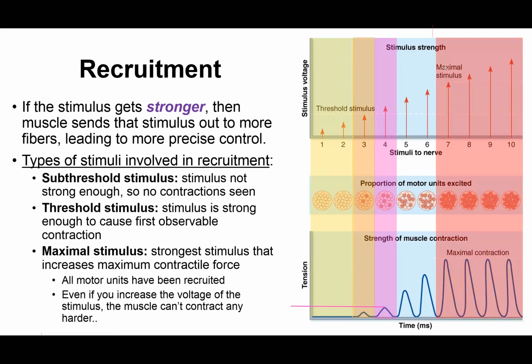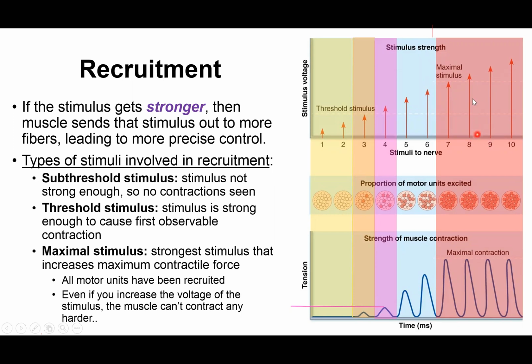As you can see from this point, once we hit this maximal stimulus, all of the fibers in the muscle are being stimulated and we have our maximum tension, so the muscle is as strong as it's going to be.